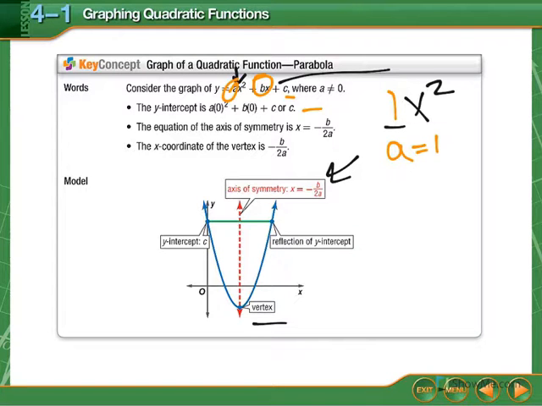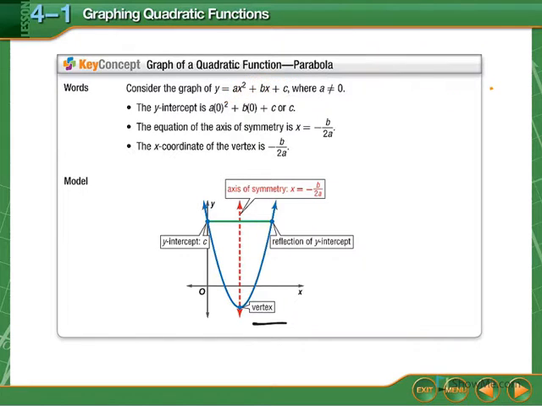You have to make sure that these are in the correct order, from the 2 as the exponent down to the x with a 1 exponent, and then your constant. It has to be in descending order, or else this won't work. And also the x-coordinate of the vertex happens to lie on the axis of symmetry, so we'll use the same formula, x equals negative b over 2a.